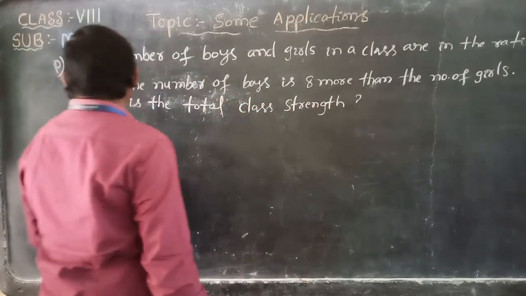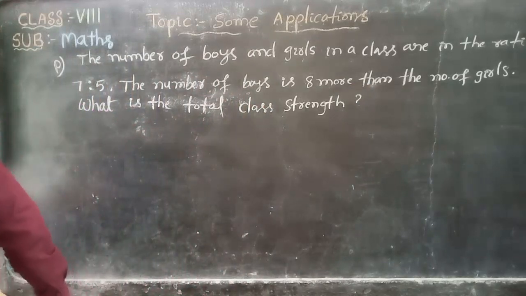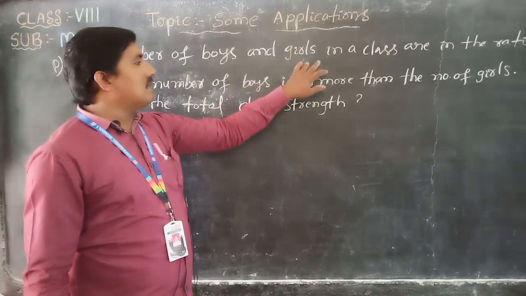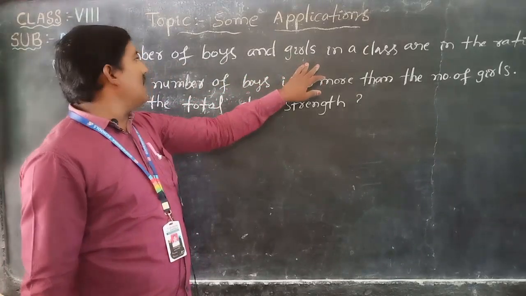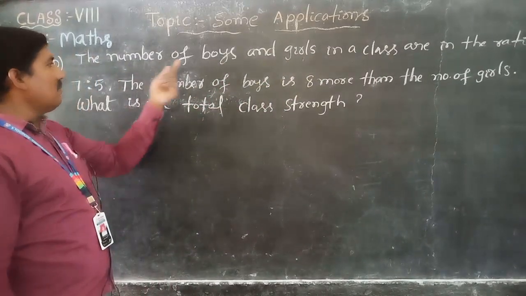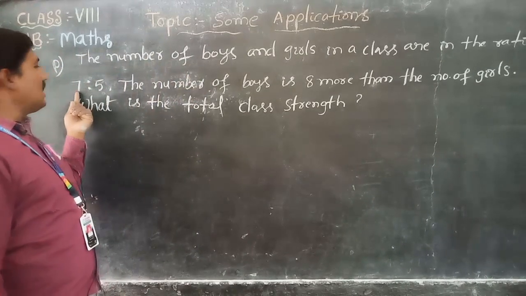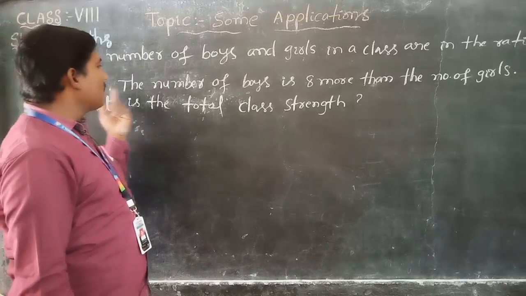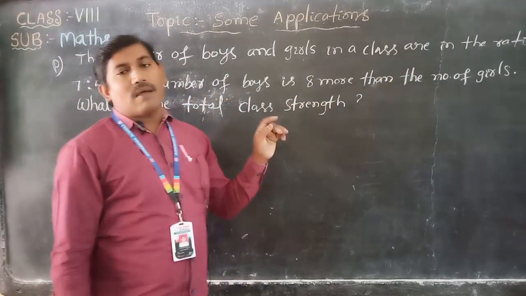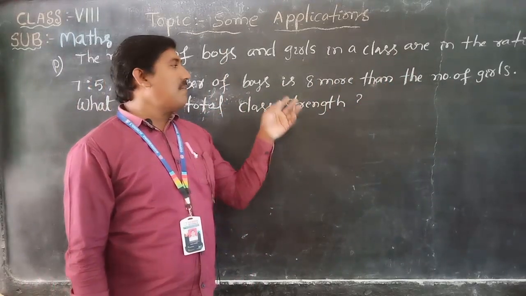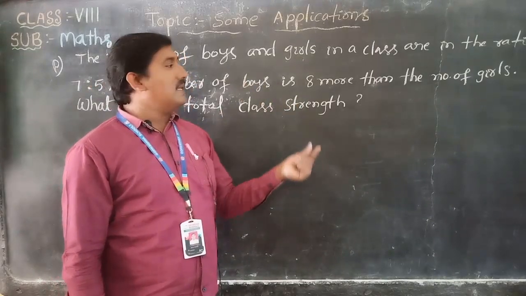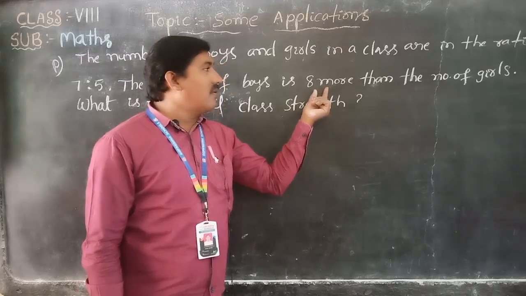Okay, see what they given here. The number of boys and girls, they given the ratio. Boys and girls ratio is 7:5. Means boys first, so boys ratio is 7, girls ratio is 5. The number of boys is 8 more than the number of girls. Number of girls, how many are there? We don't know. Number of boys, how many are there? We don't know. But they given one small clue. The clue is 8 more than the number of girls.